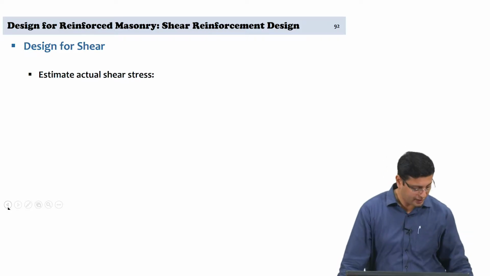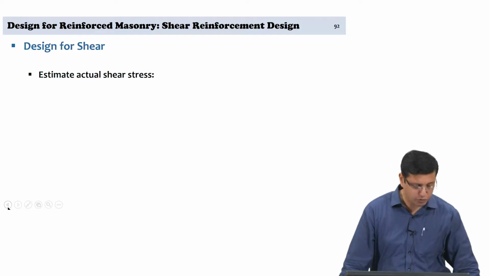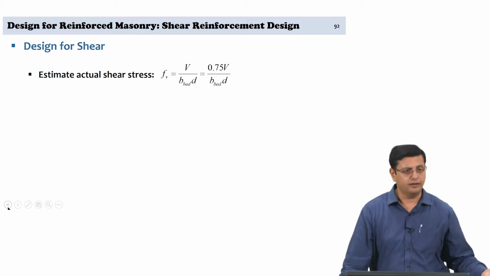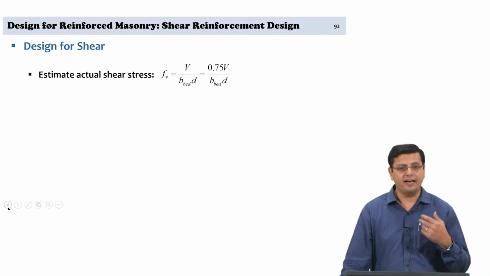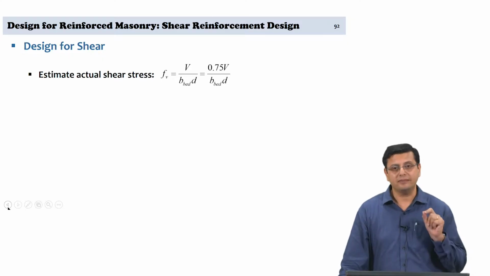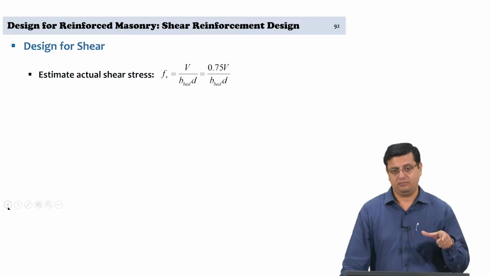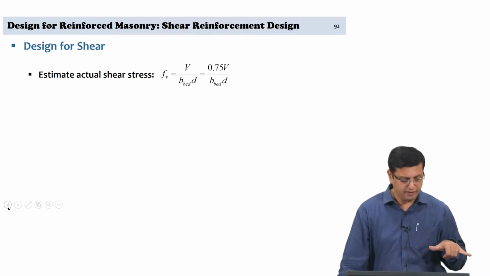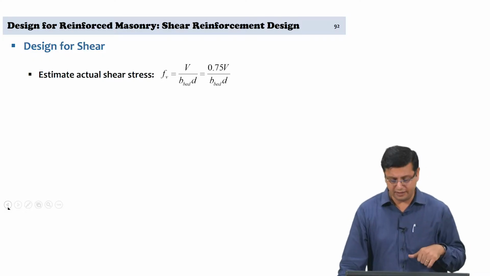Okay. So, for that you make an estimate of the actual shear stress that is expected in the wall, the shear stress Fv, as the shear demand that you are looking at, V divided by the width of the wall itself into the effective depth d is considered.